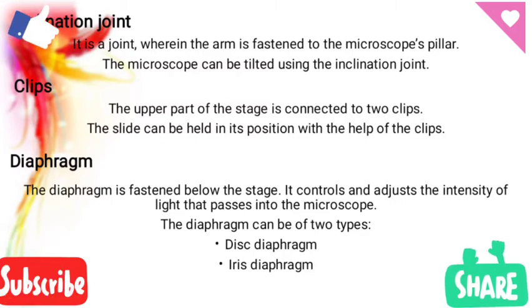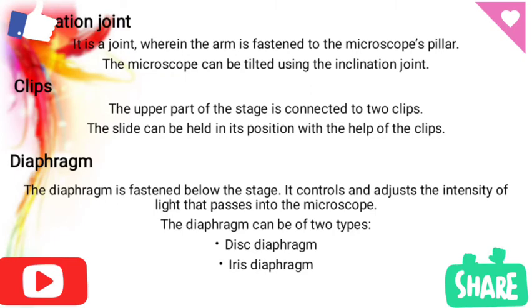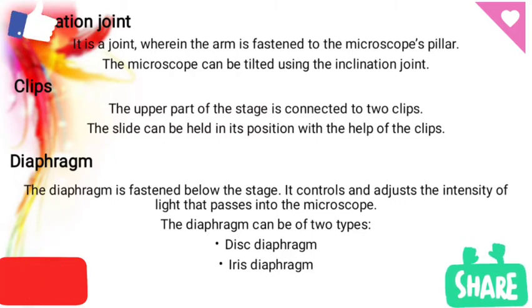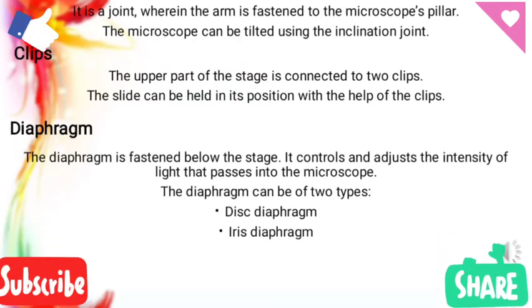Clips help us to hold the slide in a firm condition. Then the diaphragm controls and adjusts the intensity of the light that passes from the light source or the mirror. There are two types of diaphragms, disc and iris.